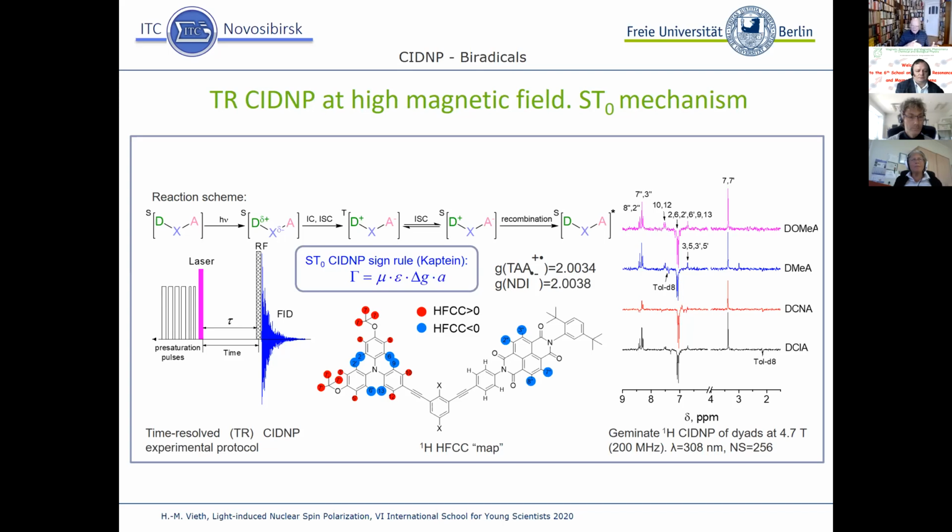There are also reactions where you start your reactions with a singlet. And because of spin evolution, only this intersystem crossing in the radical pair state leads to a triplet. And this triplet, in some cases, can also be analyzed.